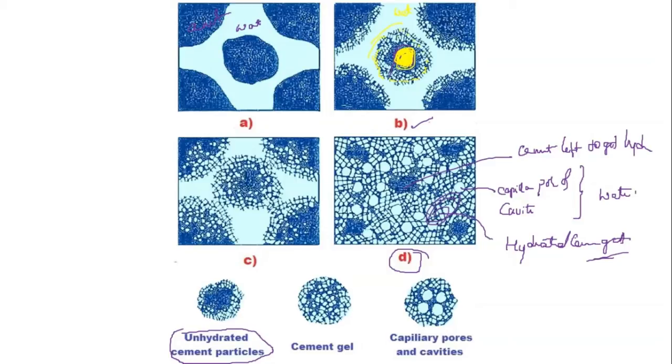So now let me consider the volume of hydrated gel divided by the volume of hydrated gel plus volume of capillary pores, which is nothing but gel space ratio.